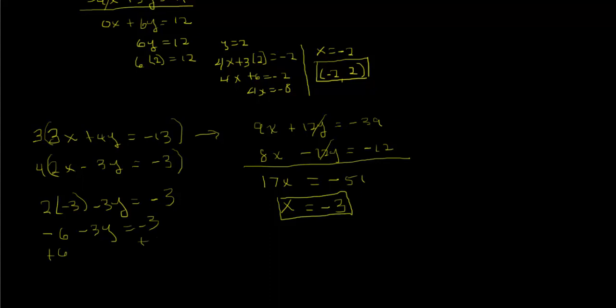That cancels the negative 6, so negative 3y equals 3, and of course y equals negative 1. So that gives us a solution of negative 3 and negative 1. And these are 3 simple examples that you can use to do your homework.